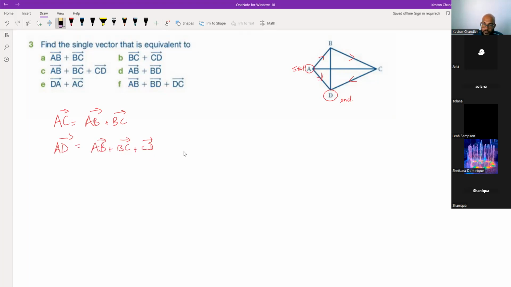Let's look at this one. We're starting at B. This is my start. And then I'm going from B to C, and then from C I'm going to D. Where am I ending?